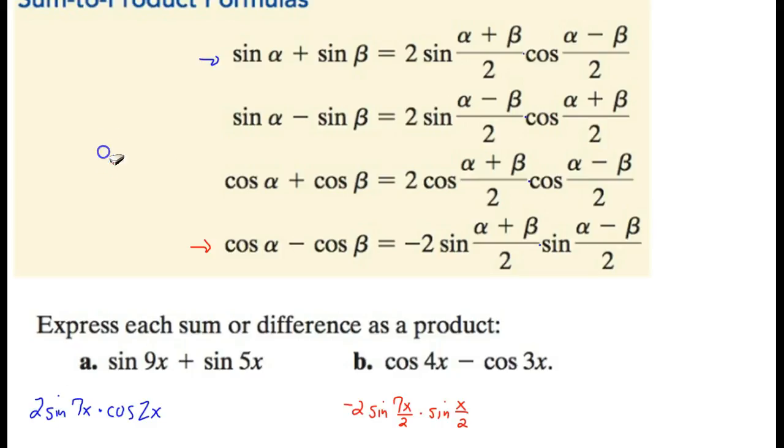The reason why you would want to is if you ever had a case where you had something like cosine of 3x minus the cosine of 4x.